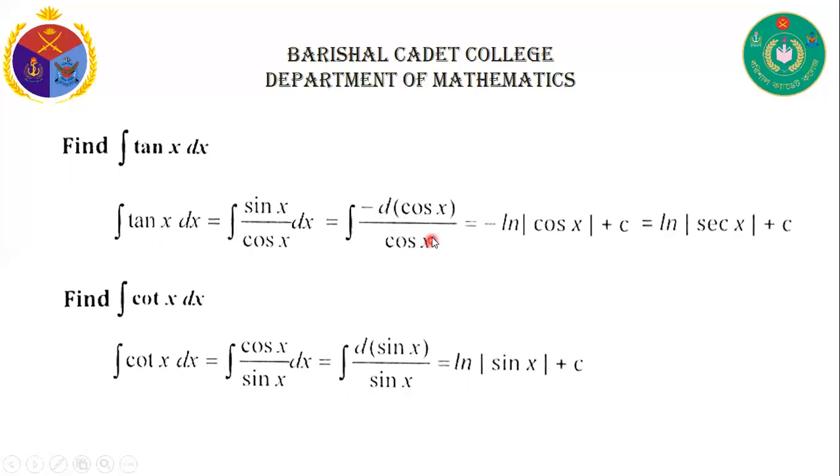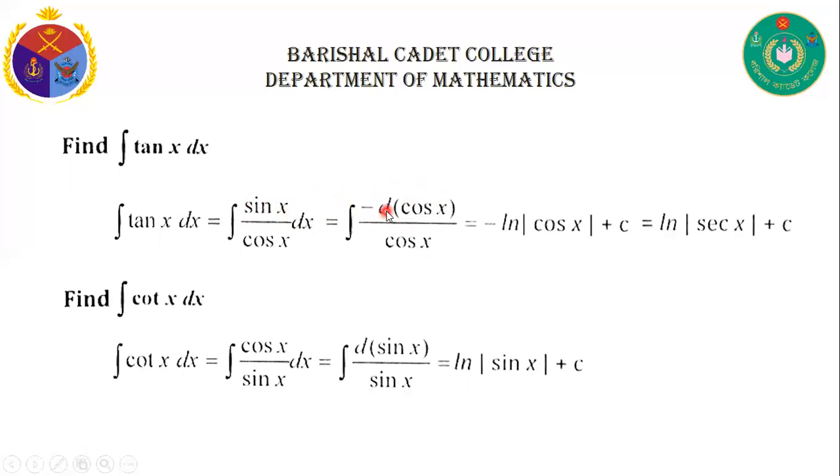The differentiation of cos x means minus sin x. So here we take minus sin x, and we take another minus, so minus and minus go. Now, boys, this is the differentiation of cos x.